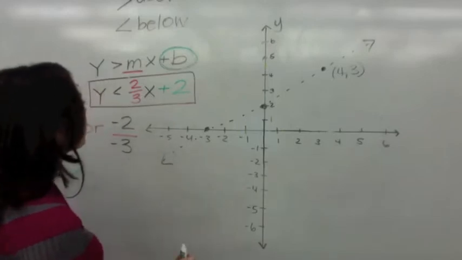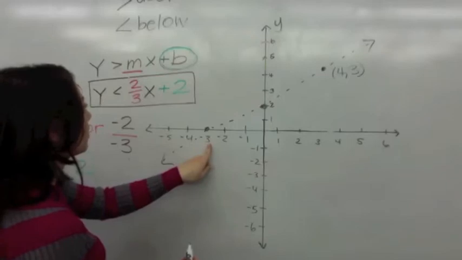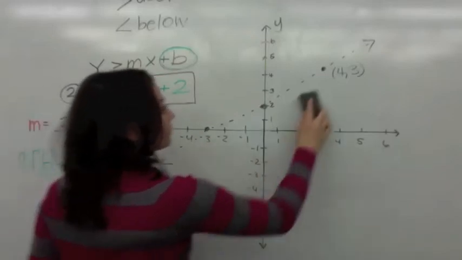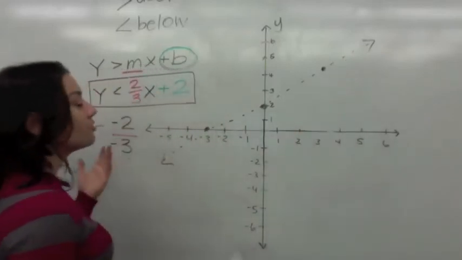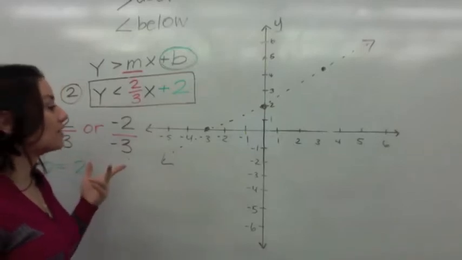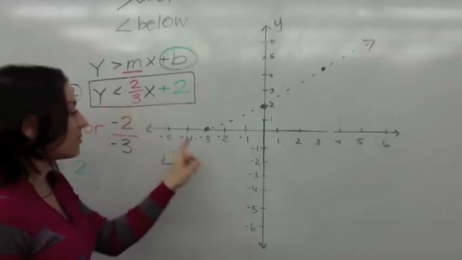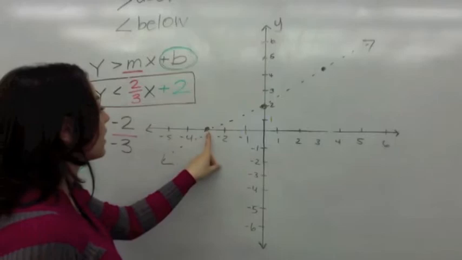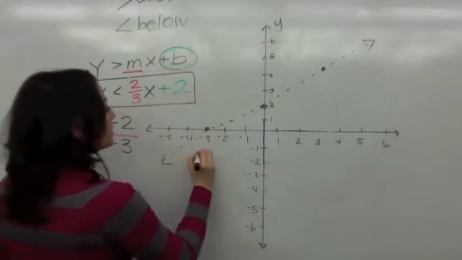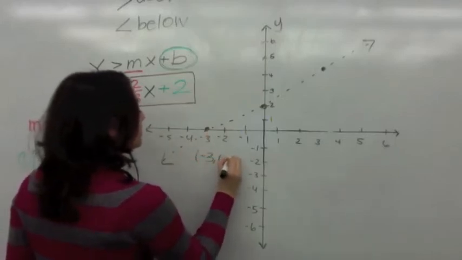Let's choose a point on this line where x is a multiple of 3, and I will show you why this is not a true statement, and it doesn't include the line. So let's choose this one. You should be at (-3, 0).